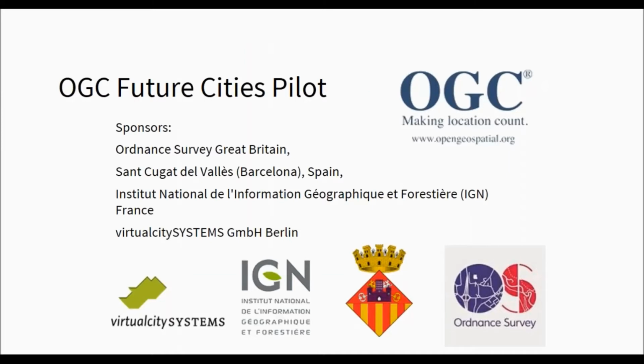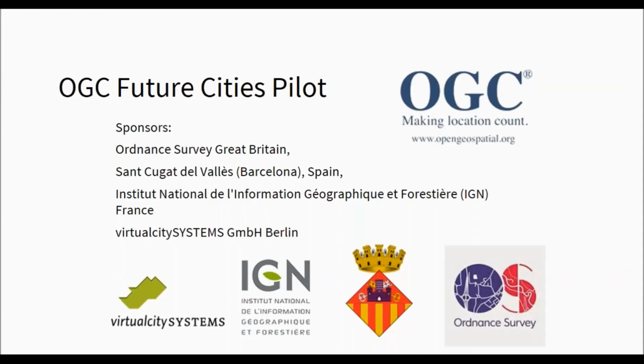So the last example I have for you today is the OGC Future Cities pilot, in which we explored 4 different use cases in 3 different cities in Europe, and had use cases around urban planning, the optimization of services, social deprivation, as well as flooding.